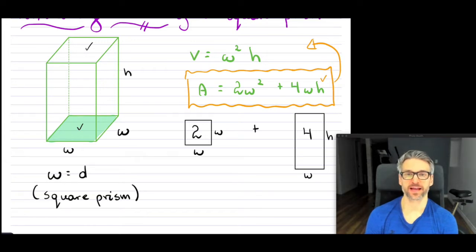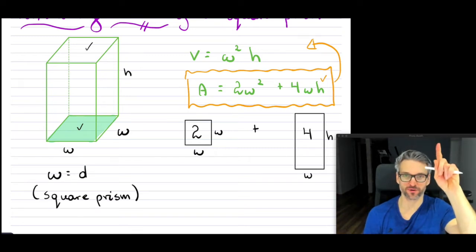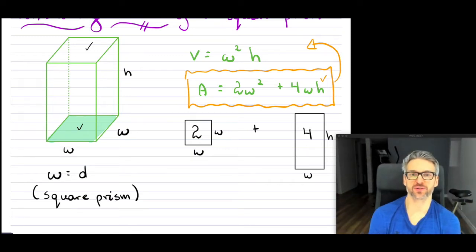Now I am going to think back to maximizing the area of a rectangle, and I'll put a video up above if you forgot. In that case, we noticed that if we wanted to maximize the area of a rectangle, it actually turned out that the sides had to be the same.